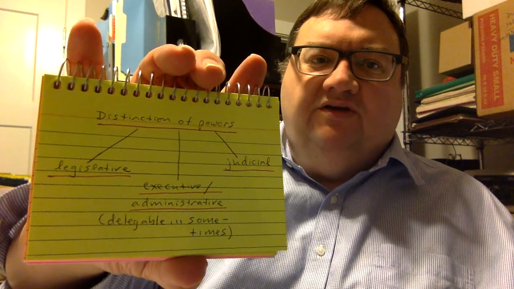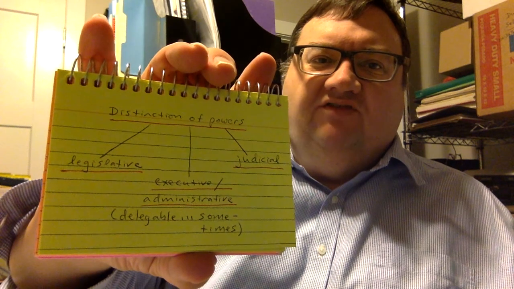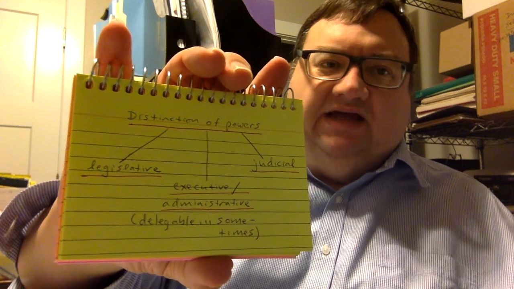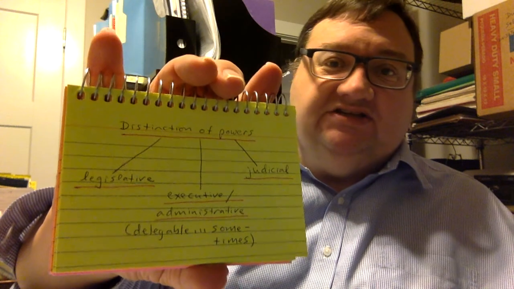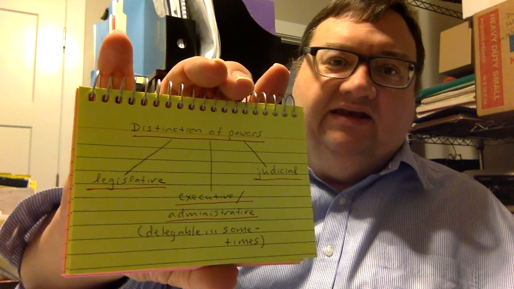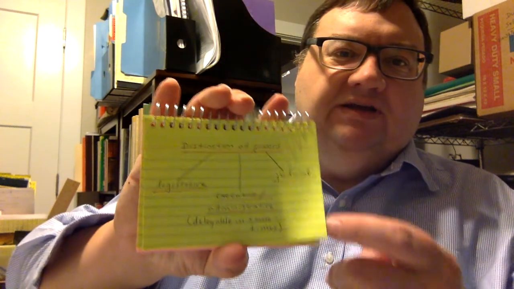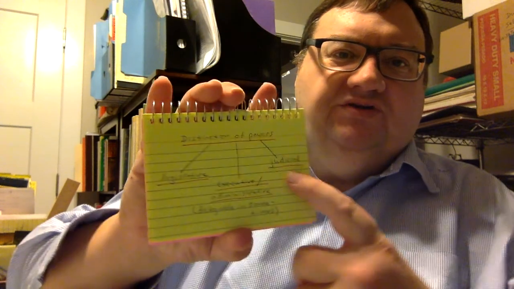I've got a note under here that says executive administrative power can be delegated sometimes. By contrast, legislative power can never be delegated. Judicial power can never be delegated. That's kind of the object of this very abbreviated part of a lesson, to talk especially about legislative power and judicial power because they're relatively straightforward.